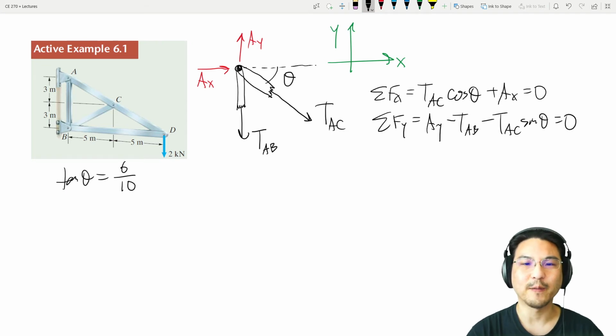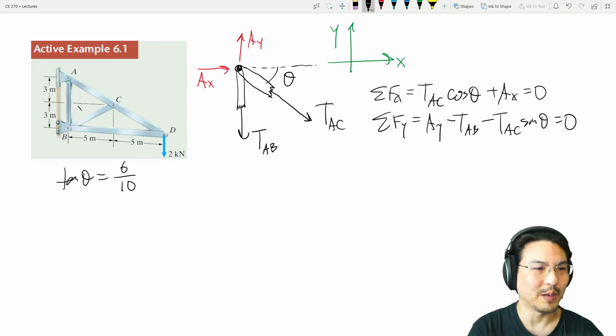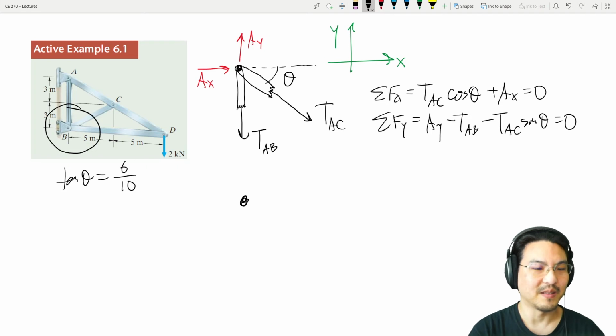So I have 4 unknowns and 2 equations. I can't solve it. So the technique is we go to the next joint, let's say joint B. Now I draw the free body diagram of joint B. There is joint B, and then there is that beam going up this way, and the one going at this angle over here.